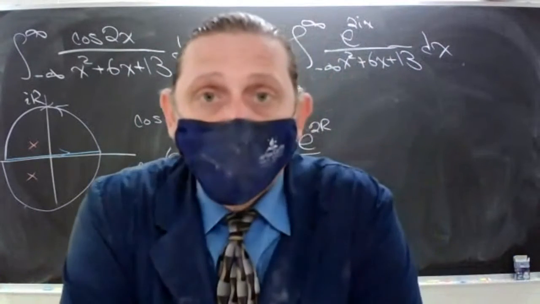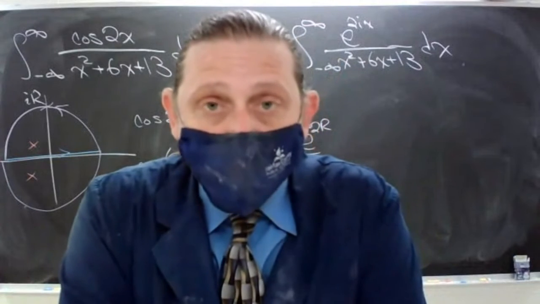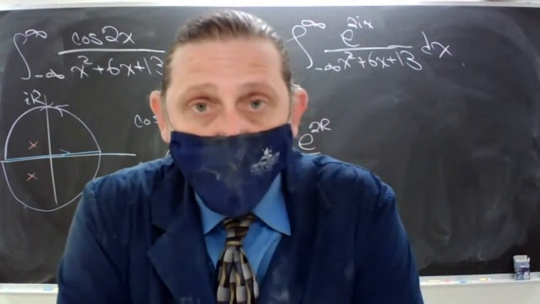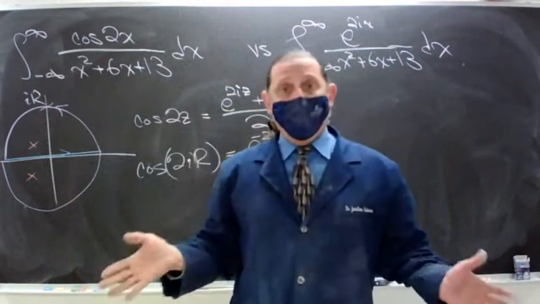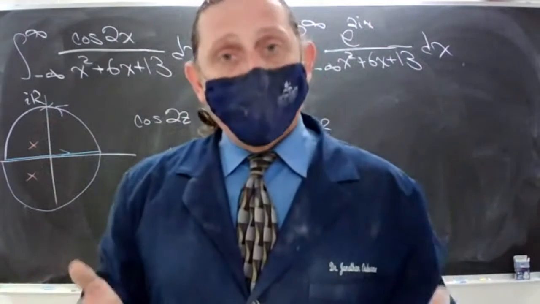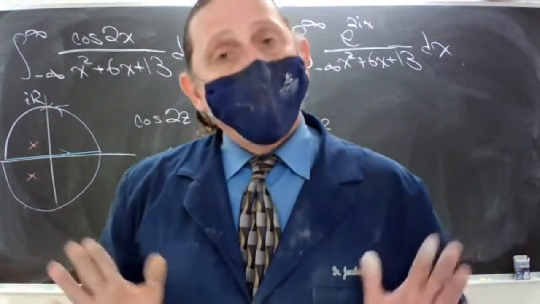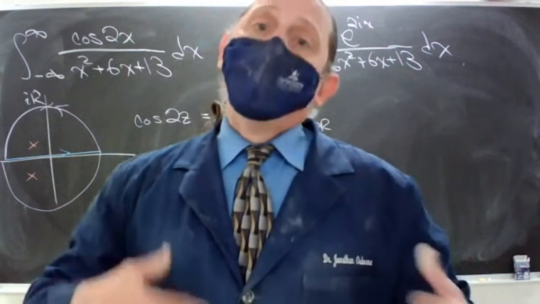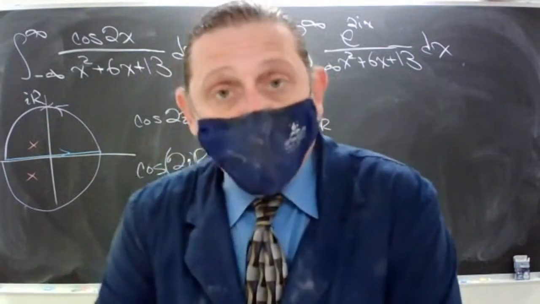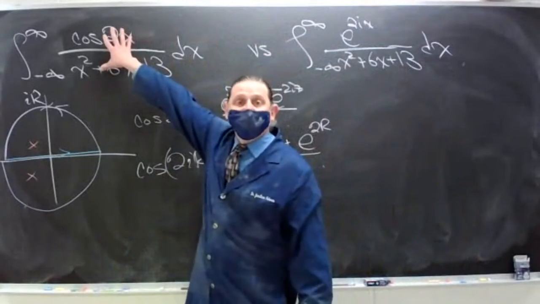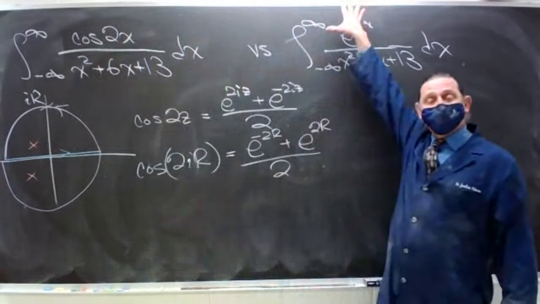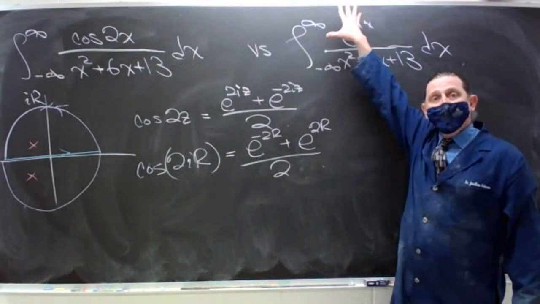In the same vein, e to the minus 2iz will be able to be closed in the lower half plane, and that one will behave itself in the lower half plane. Okay? So, in a nutshell, that's the reason why we toss that out and instead consider this integral.